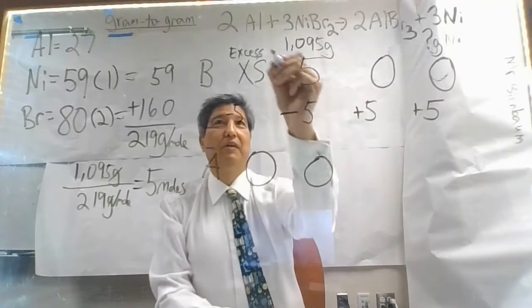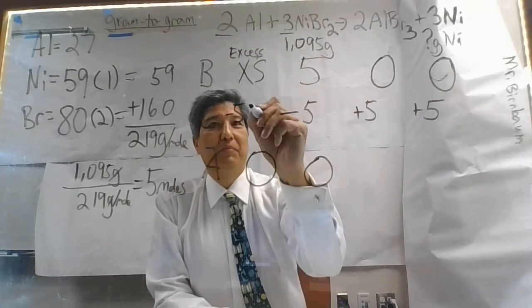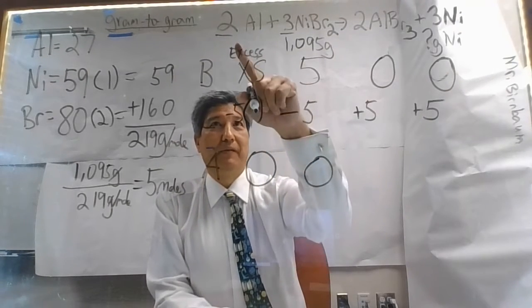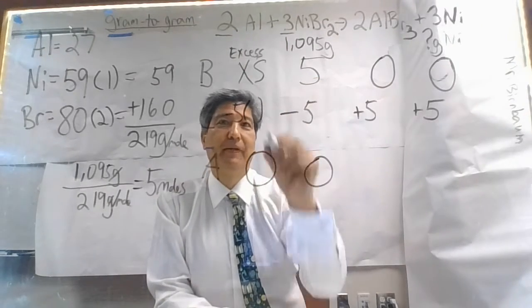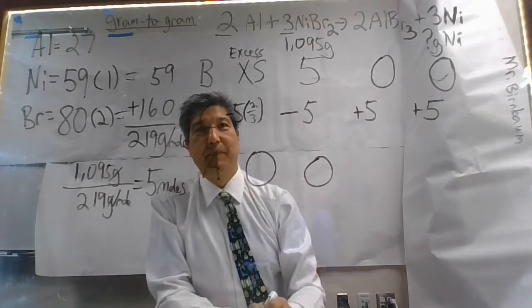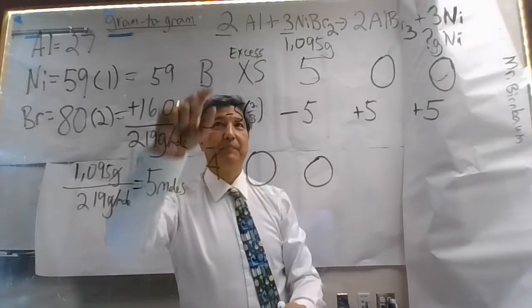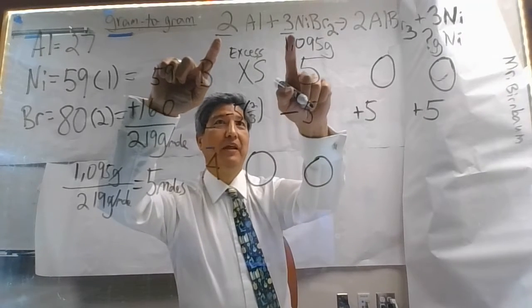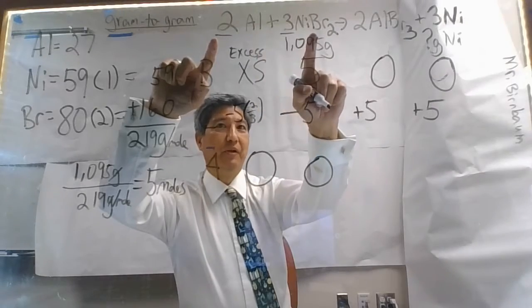So if I take the numbers up here, the 2 and the 3, if I multiply by 2/3 or 3/2, which will make it smaller? Well, if I multiply by 2/3, that will make it smaller. So I'm going to multiply it by 2/3. For every 2 of these, I'm going to have 3 of these. So this number will always be 2/3 of this number.